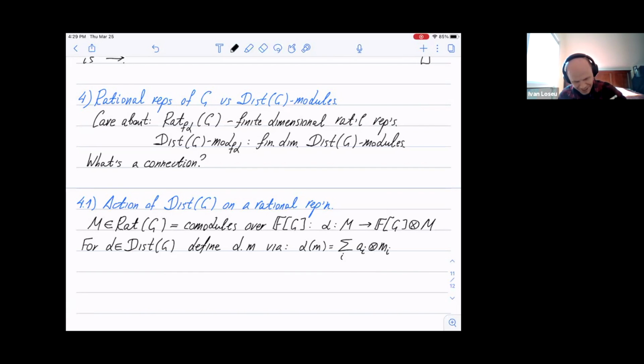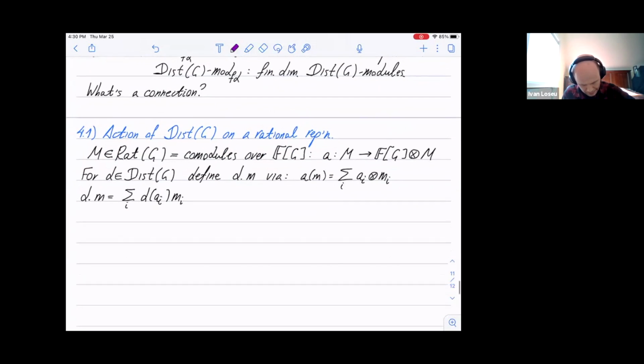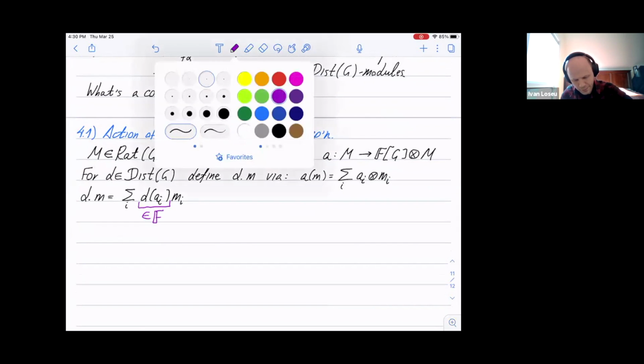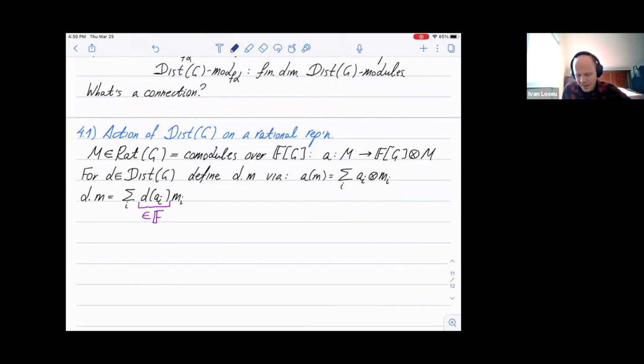Sorry, A looks like a D. And then D applied to m is the sum over i, D of a_i times m_i. And just by the very definition, this factor here is a scalar. So this makes sense. Questions?